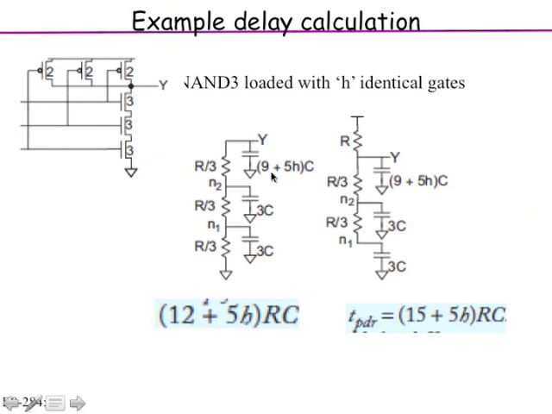Then in this model it becomes 9C plus CL. That's all. But if they are not identical gates, then yes, you have to add up the capacitance due to every gate input which this signal is driving, and for each gate, if it's a different gate, you have to take that particular value and consider it.